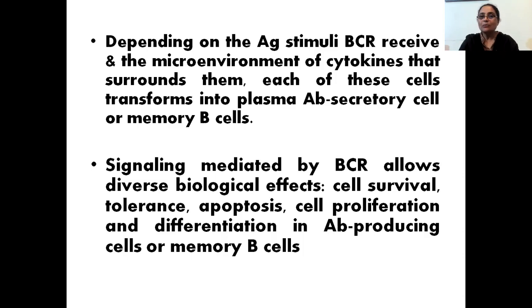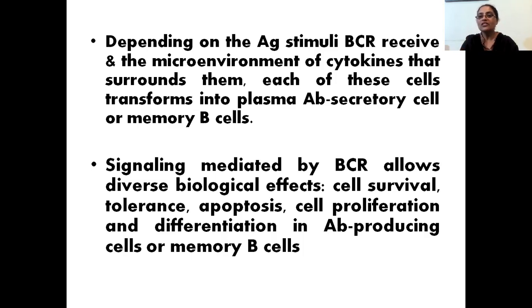This signaling mediated by the B cell receptor will lead to different biological effects in the cell. That means what the survival of this cell will be, how tolerant it will become, whether it will go to apoptosis, whether proliferation and differentiation into antibody producing cells will happen, or memory B cells will be formed.